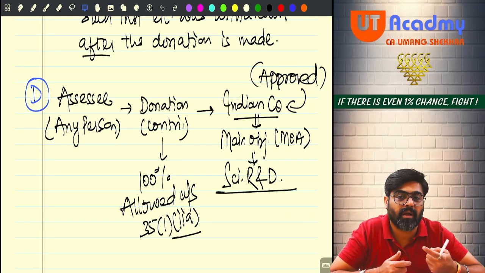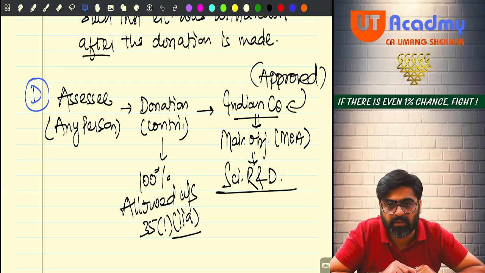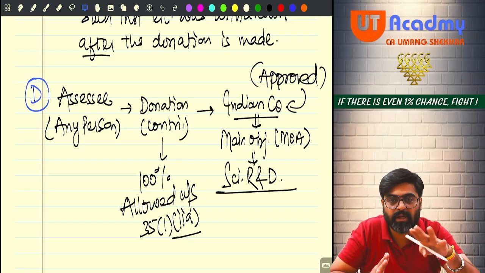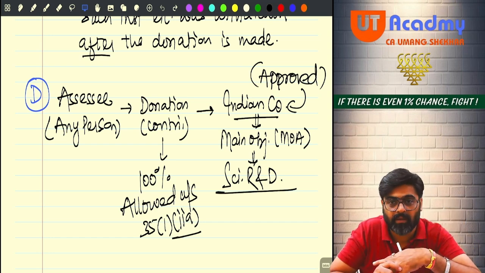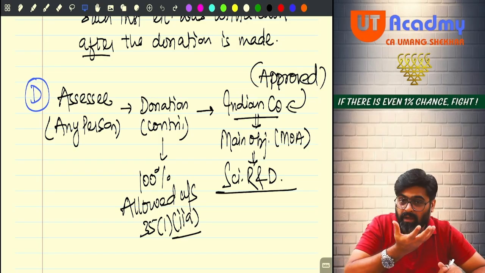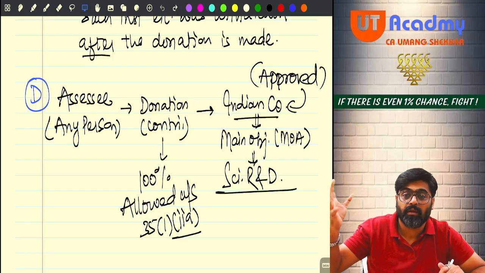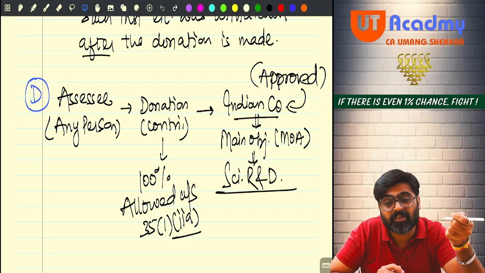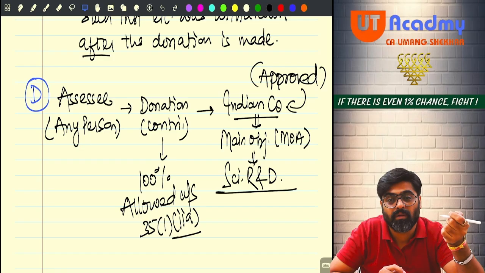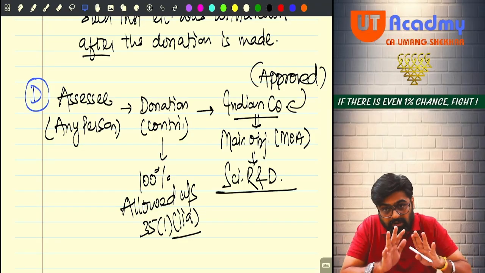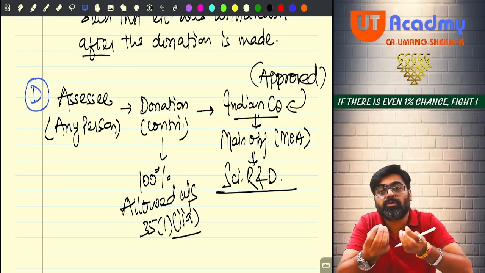So whenever you apply for company formation, if in the main object clause you write that the company's object will be to conduct scientific research and development, new inventions will be made and patented, and we will sell these patents or allow their use to someone to earn our main business income in the form of royalty, that time only you have to apply specifically to get the approval: government, please allow us to do this type of research.